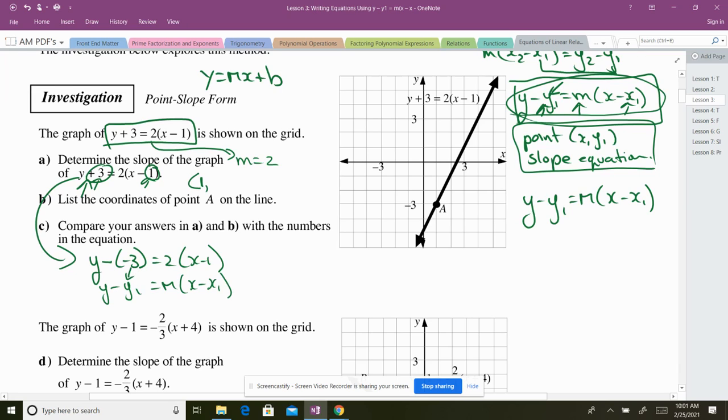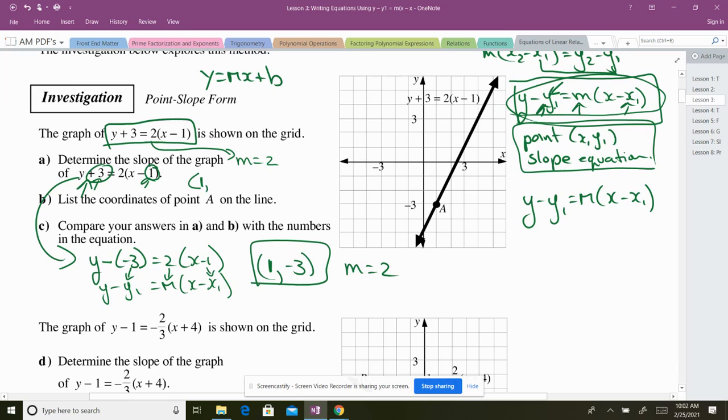There's my y1, -3. There's my x1, which is 1, and there's my slope, which is 2. So this passes through the point 1, -3. Now I have a point, and I know the slope is 2.